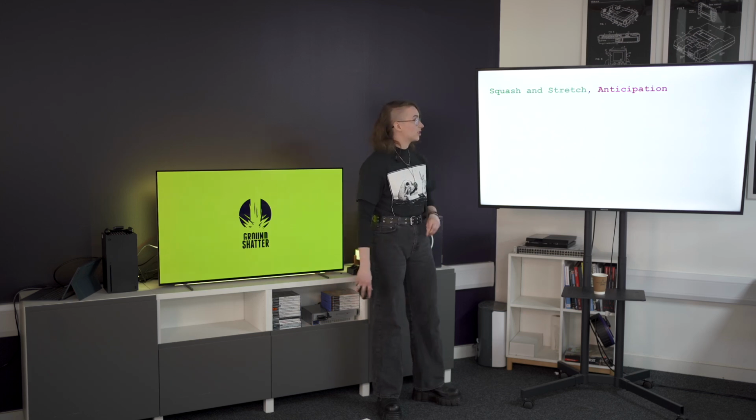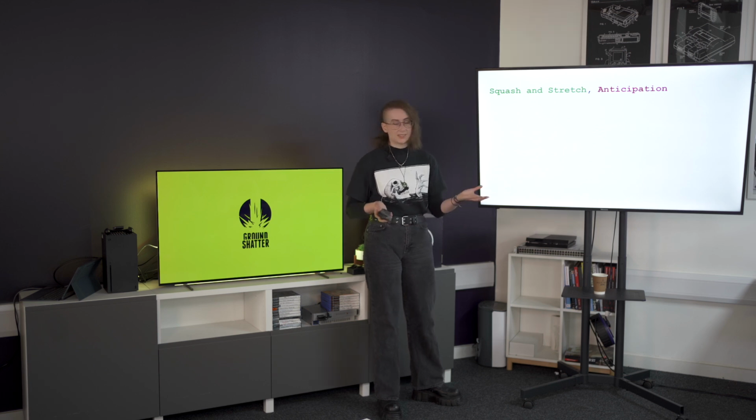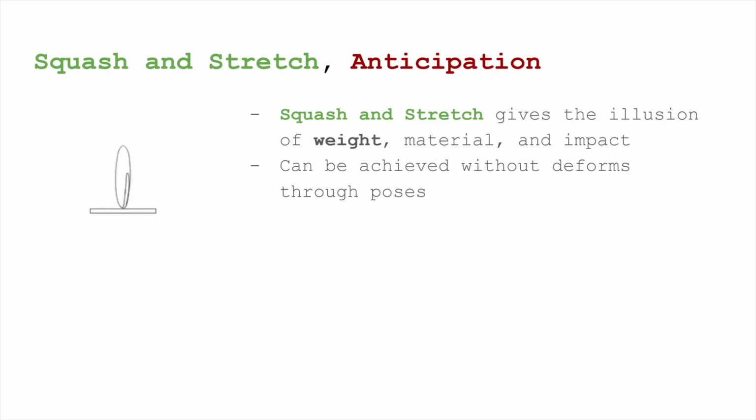So starting with squash and stretch and anticipation, I've grouped these based on similarities. Even though they're similar, they all stand as their own principles, but for the sake of saving a little bit of time. Squash and stretch gives the illusion of weight, material, and impact. It can be achieved without deforms through poses. So watching this bouncing ball, the squash happens when it hits the floor, and the stretch is when it's pulling upwards, away from the floor.